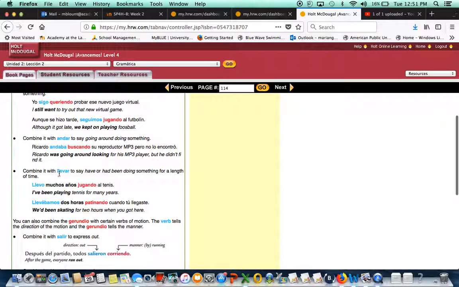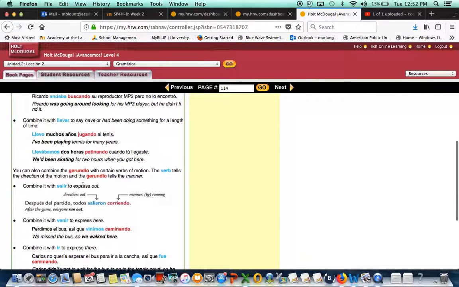But when you are using llevar plus gerundio, you need to have something between the verb llevar and gerundio. You want to have a period of time, because it's to say have or have been doing something for a length of time. A length of time has to be between llevar and gerundio.